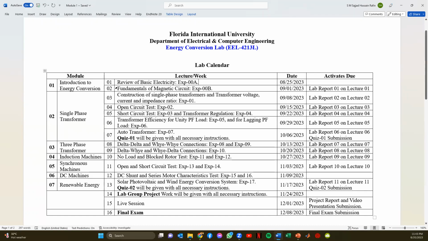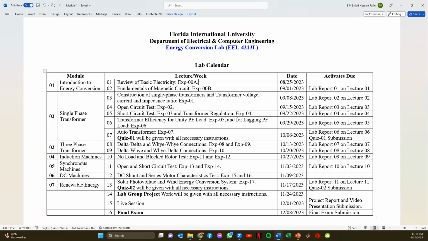In the second week, we'll be covering fundamentals of magnetic circuits. In that lecture, you'll see some physics-related topics, magnetic circuits, and electrical engineering, of course.